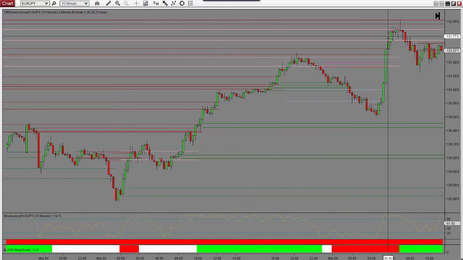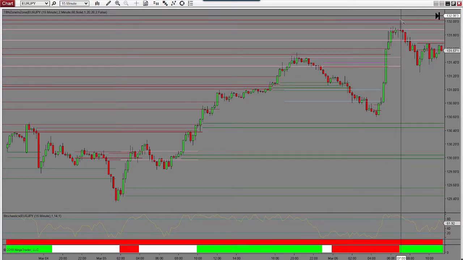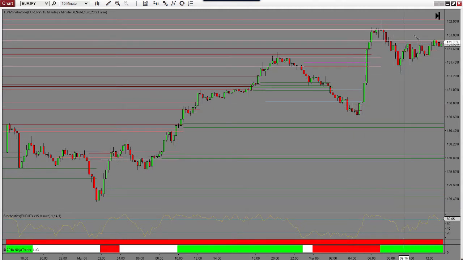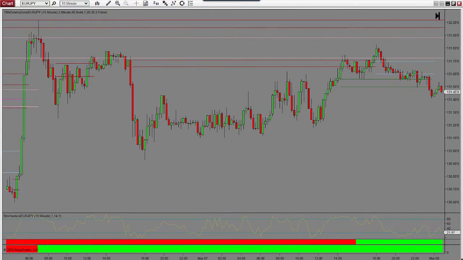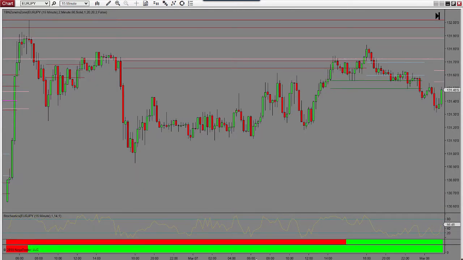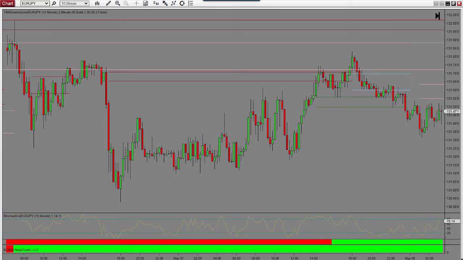Okay, these are all old zones. I wish I could figure out a good way to get those to disappear. But you just have to learn to ignore them. Here's a fresh zone, but I'm not in agreement on my trend. Okay, what if I trade in here? And in here?